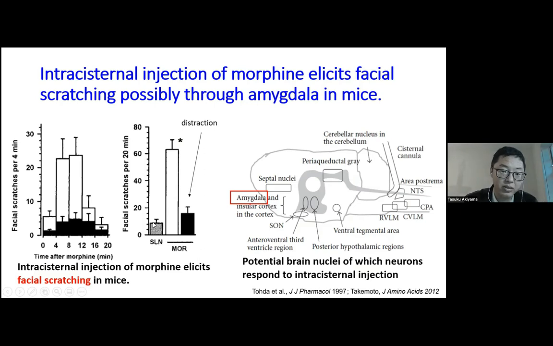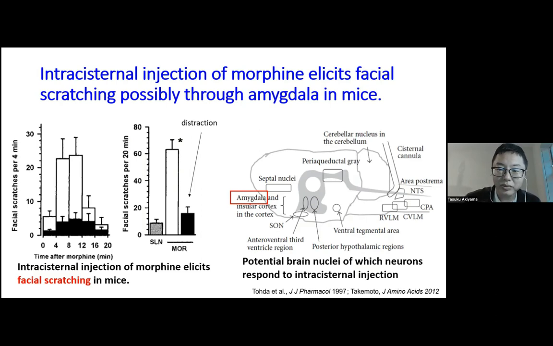The saline injection only induces about 10, but after morphine injection, you see over 60 times of facial scratching. So in mice, we also observe facial scratching immediately after intracisternal morphine injection. The right image shows the potential brain nuclei whose neurons respond to the intracisternal injection.